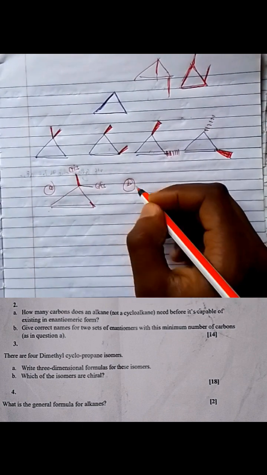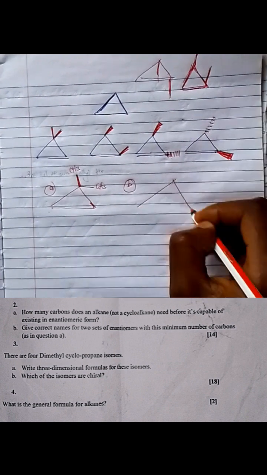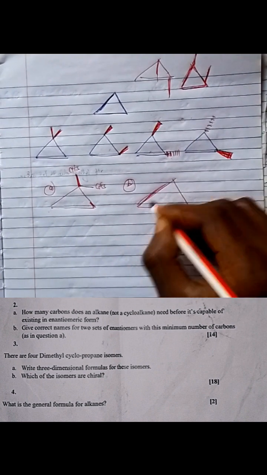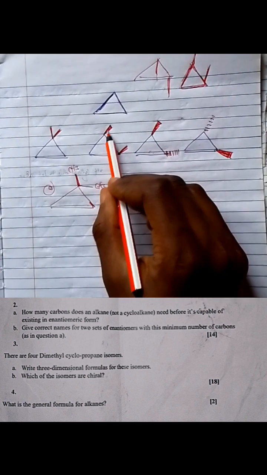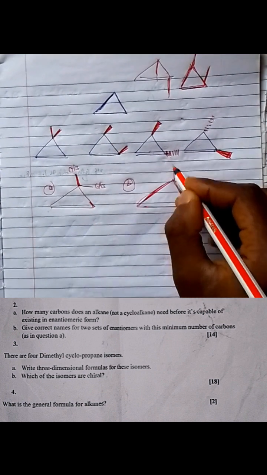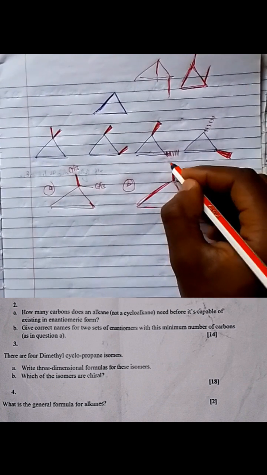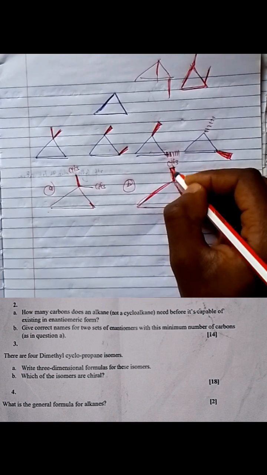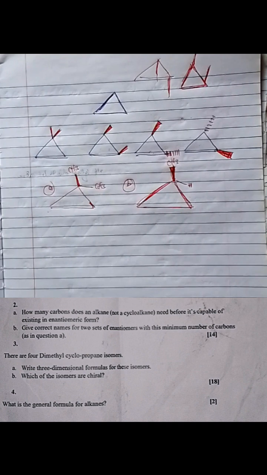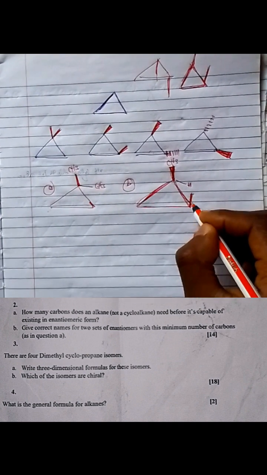For the second one, you draw the compound like that, and because they're coming out of the page, you can also show the invisible hydrogen there. Like that.